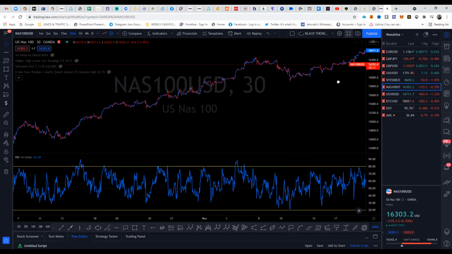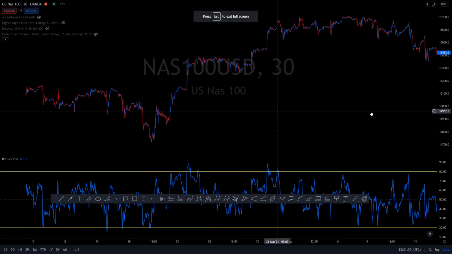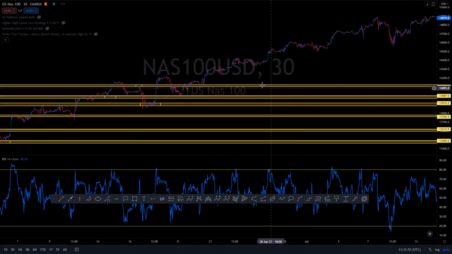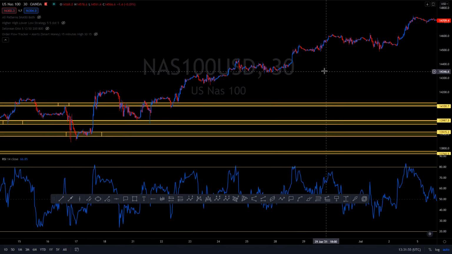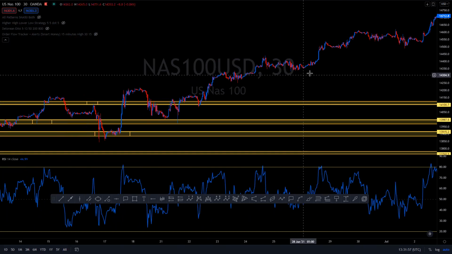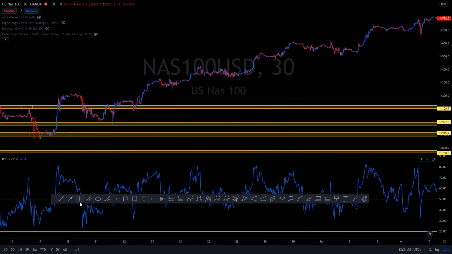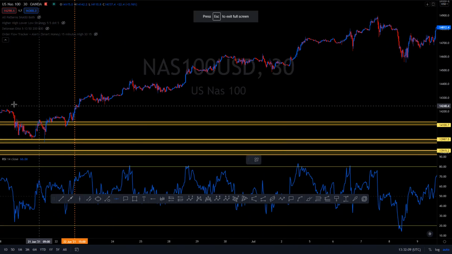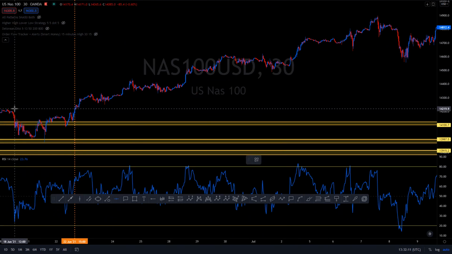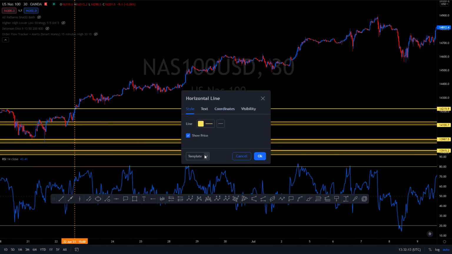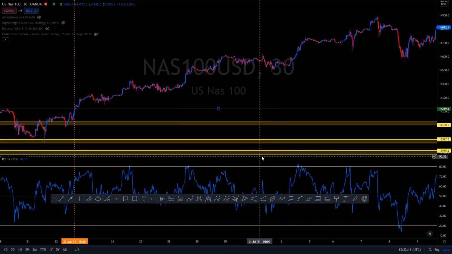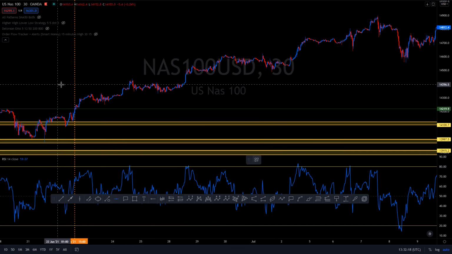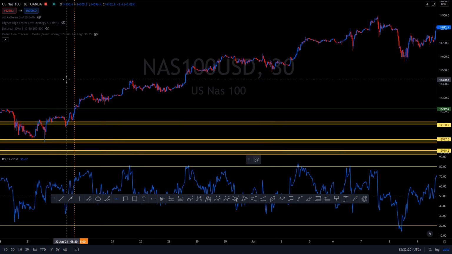All right, now I'm going to do the same thing here. Change this to green. We're marking up our market structure based off the institutional levels.